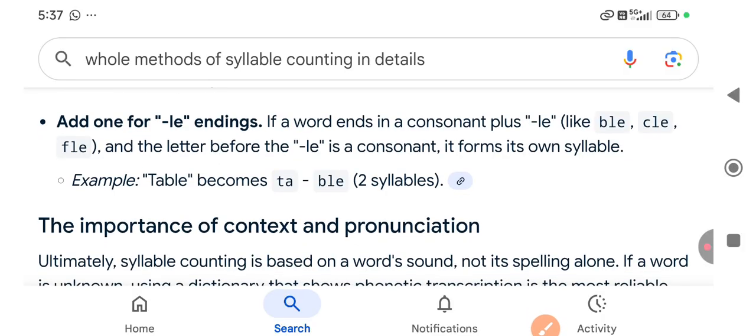Then the last method is to add one for the le ending. Earlier we subtracted for silent e. Now here we add one for le ending.